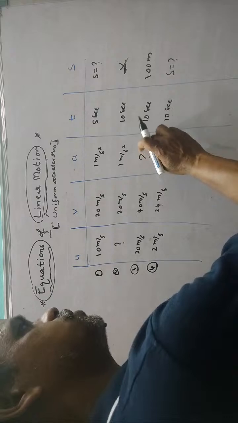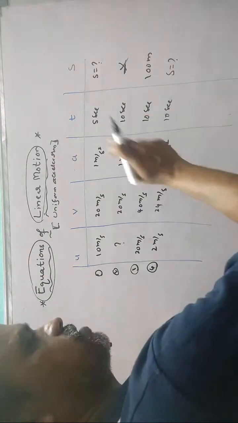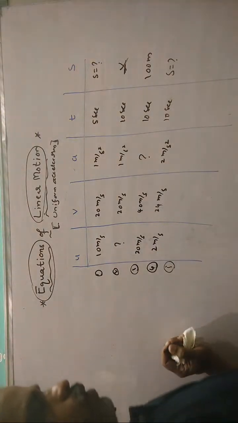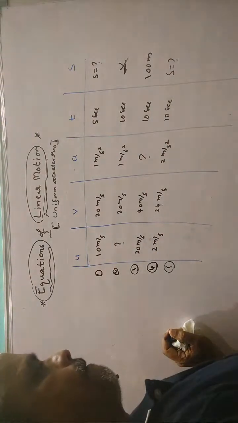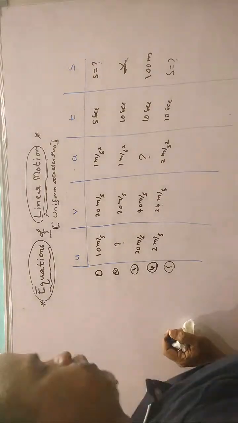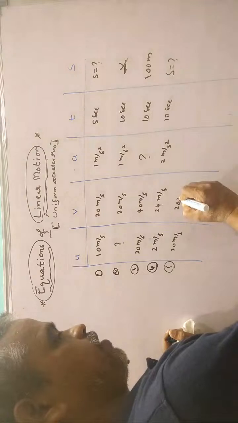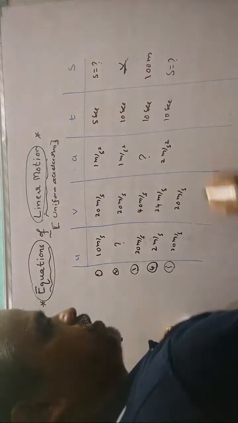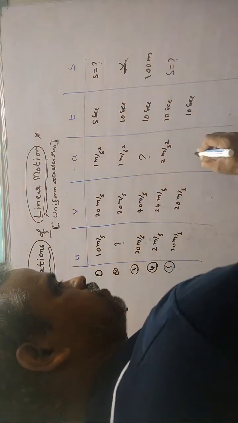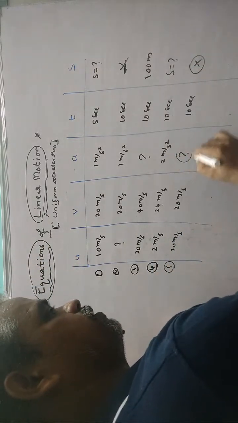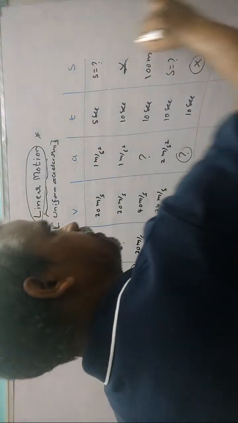You have to use second or first, whatever it is. Next. 20 meter per second, final velocity also 20 meter per second, which travels for 10 seconds. You don't want to calculate s here. What do you have to find? Yeah. These are the 5 questions.